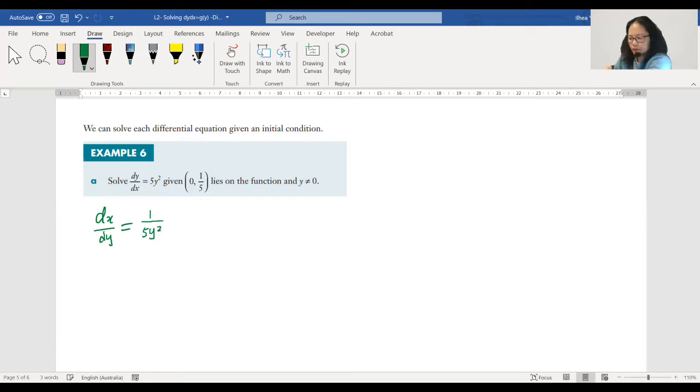Okay, and this one I don't see that I can use ln. So I'm going to change that into index form because it's easier for me when I integrate. So the next step will be to take the constant out, dy. Okay, well that's just basic integration.